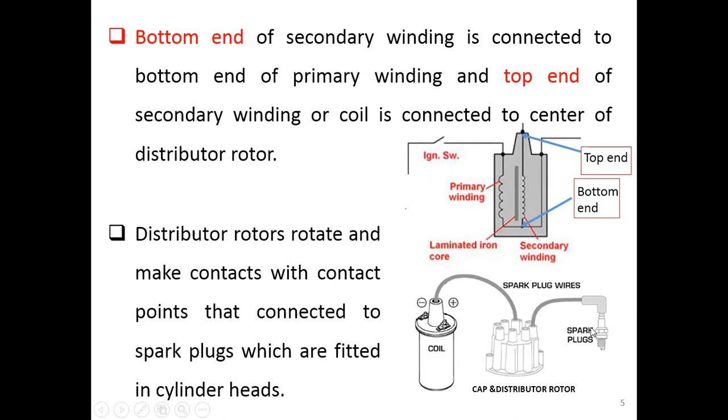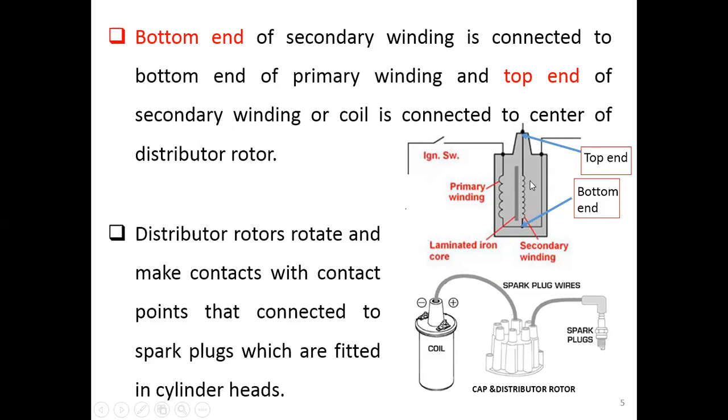This spark plug is in the cylinder head. Every time the rotor makes contact with a contact point, it sends the current from the secondary winding to the spark plug.